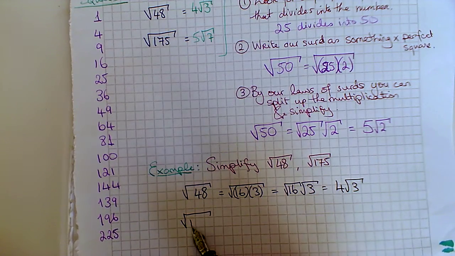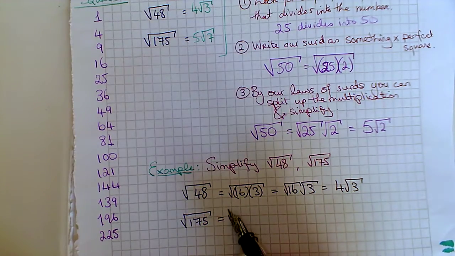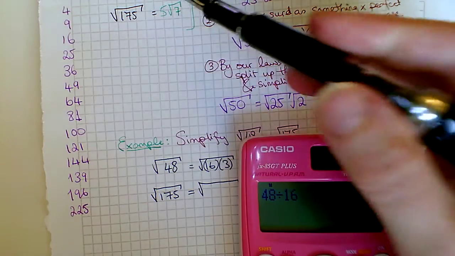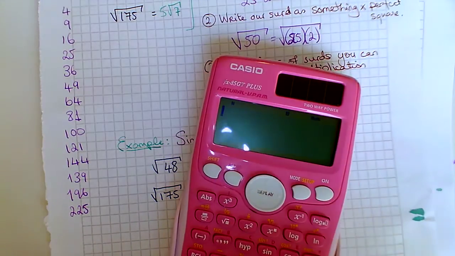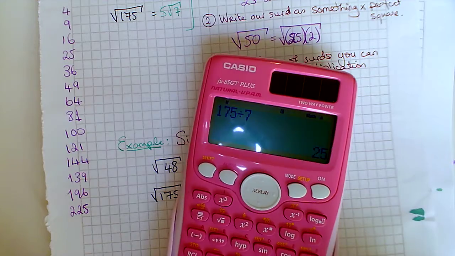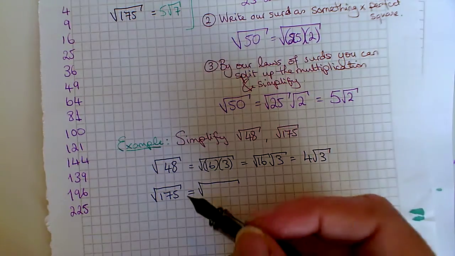175. Well, what are my two numbers going to be? And maybe it's not immediately obvious, but I can see that 7 definitely goes into 175. If I do 175 divided by 7, it's kind of like cheating, but it works. I get 25. So 25 by 7 gives me 175, and that's a perfect square.